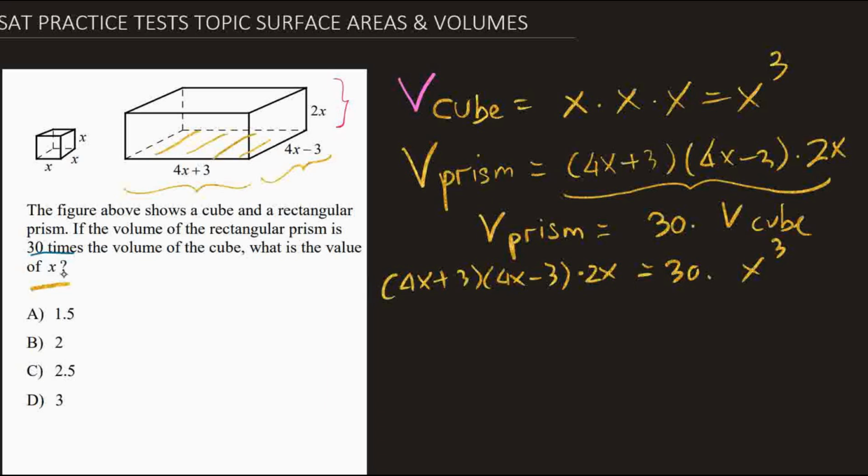So it will be 4 times 4x is 16x squared minus 9. 3 squared is 9. This will be a plus b and a minus b. Then it will be using this formula.